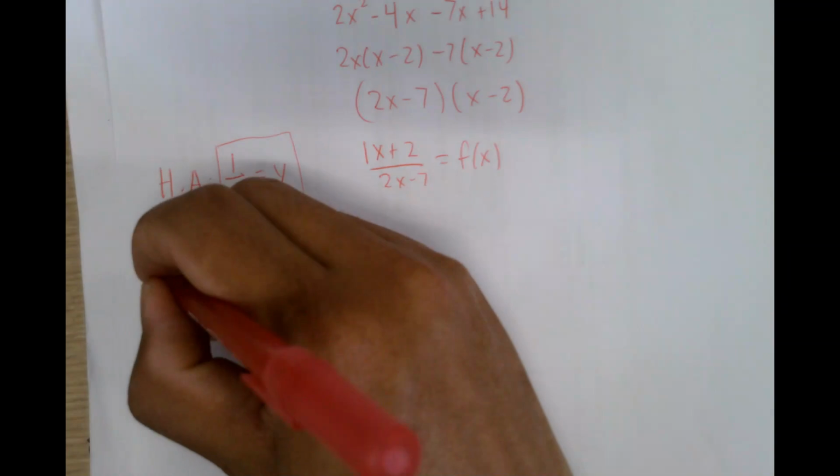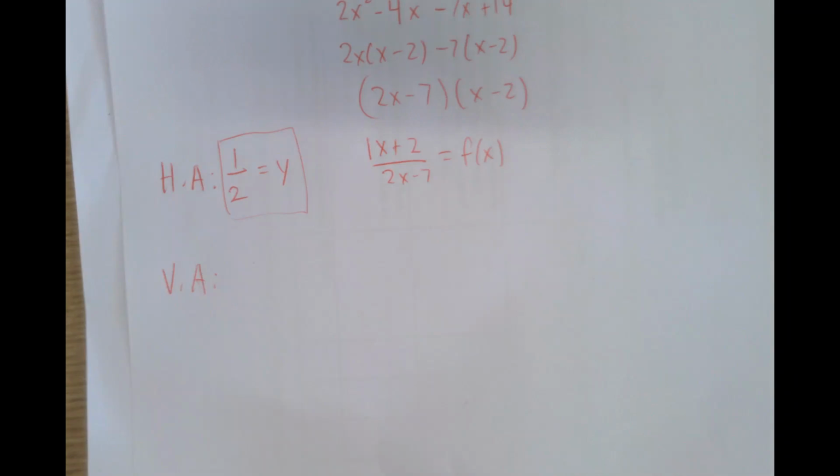Okay, vertical asymptote. Does anyone remember, how are we supposed to solve for a vertical asymptote? Abby? Make your denominator equal to 0 and you solve. Okay, so what's our denominator? 2x minus 7.